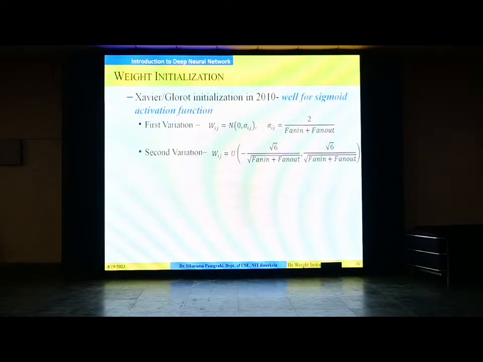Similarly, they developed a second variation using the uniform distribution with a different formula. Is that clear? But there is no mathematical proof of how they derived it. They did it by conducting large experiments. We also do those things nowadays: we conduct experiments, and from that we try to work out why it is giving better results. Most importantly, it works well for the sigmoid activation function.